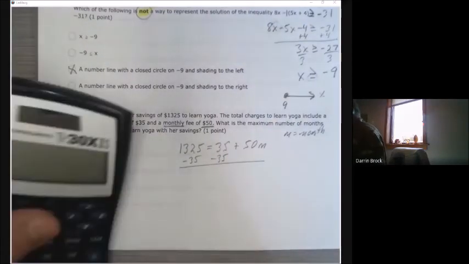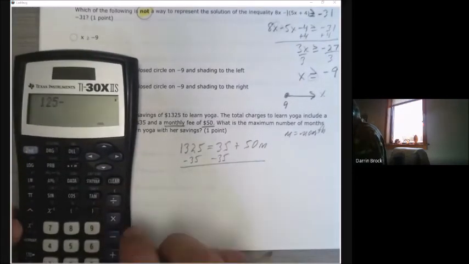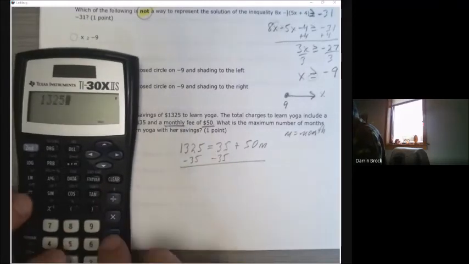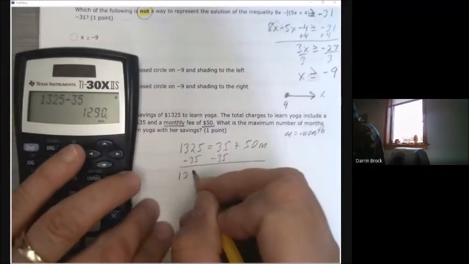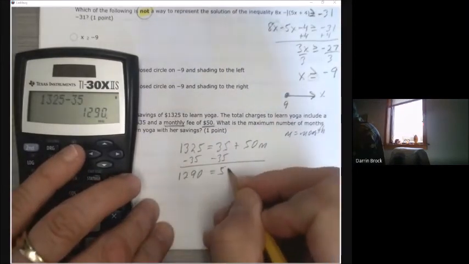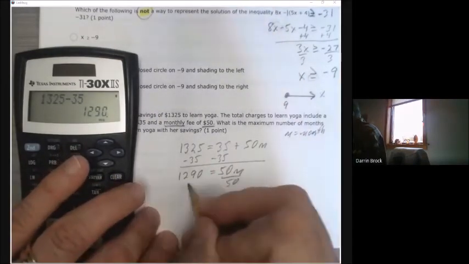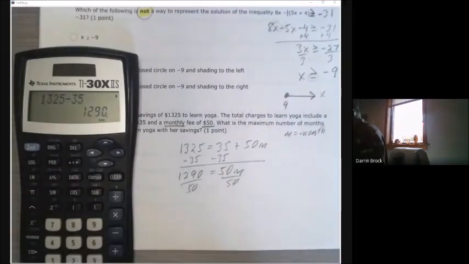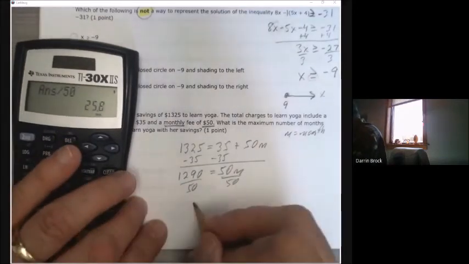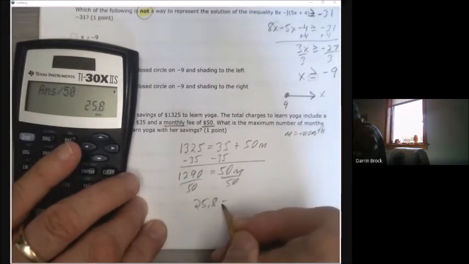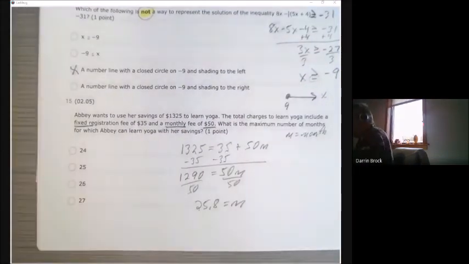We can do that in our heads, but I'm going to go ahead and put it on there just so you can see it's right. $1,325 minus $35 is $1,290, which equals $50 a month times M. So if we divide both sides by 50, we'll see how many months you can get. 25.8 equals the months. Now, here are our choices: 24, 25, 26, 27.